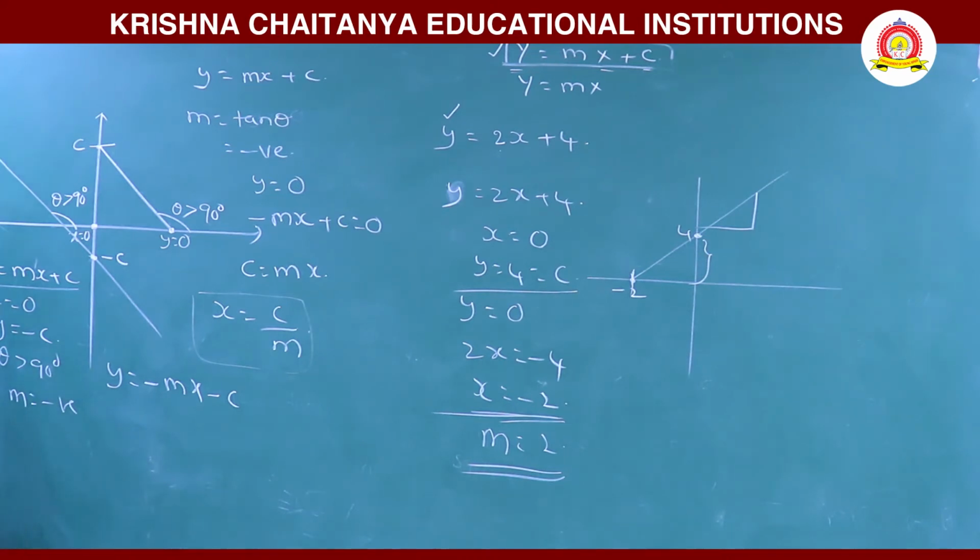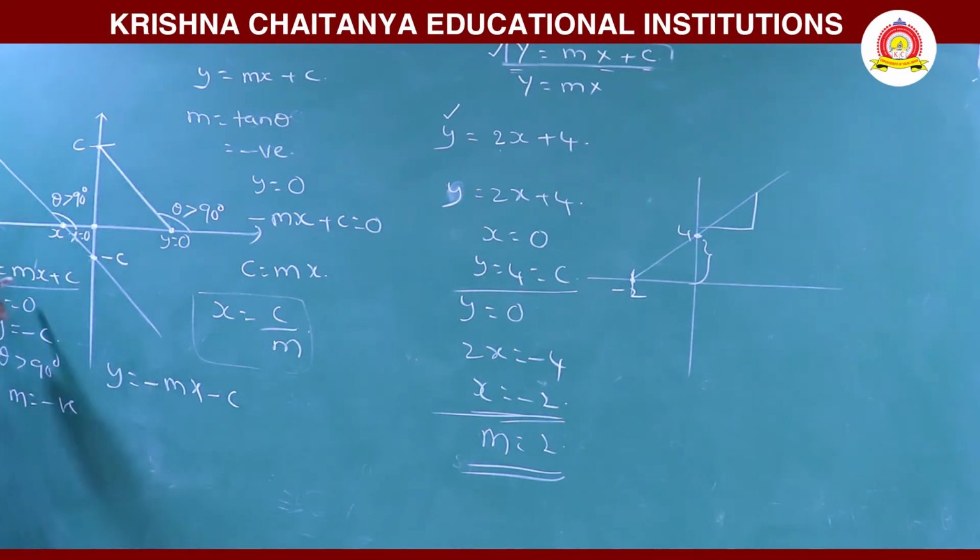Where this graph intercepts the x axis, it can easily be found by looking at the graph, on the negative x axis.